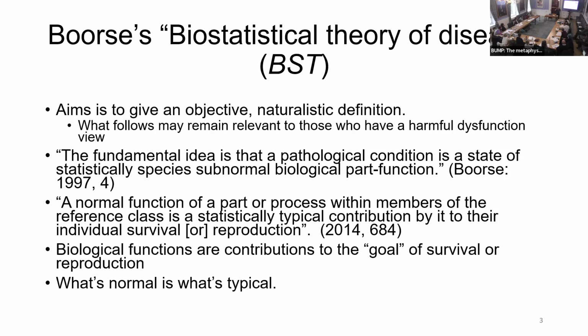I think what I'm saying will remain relevant if you didn't like a naturalist account that said that biological dysfunction was necessary and sufficient for something to be a disease. If you just think that biological dysfunction is necessary for something to be a disease, maybe you think it also has to be harmful, what I'm talking about here can feed into that necessary component. So you needn't be committed to Boorse's more hardline naturalist position. You could be somebody like Wakefield, who thinks that diseases are harmful dysfunctions.